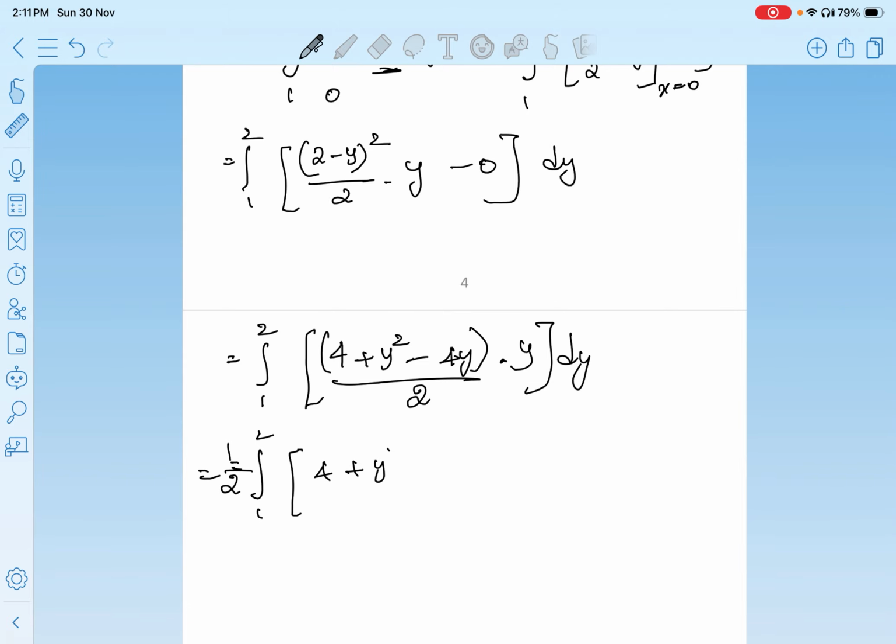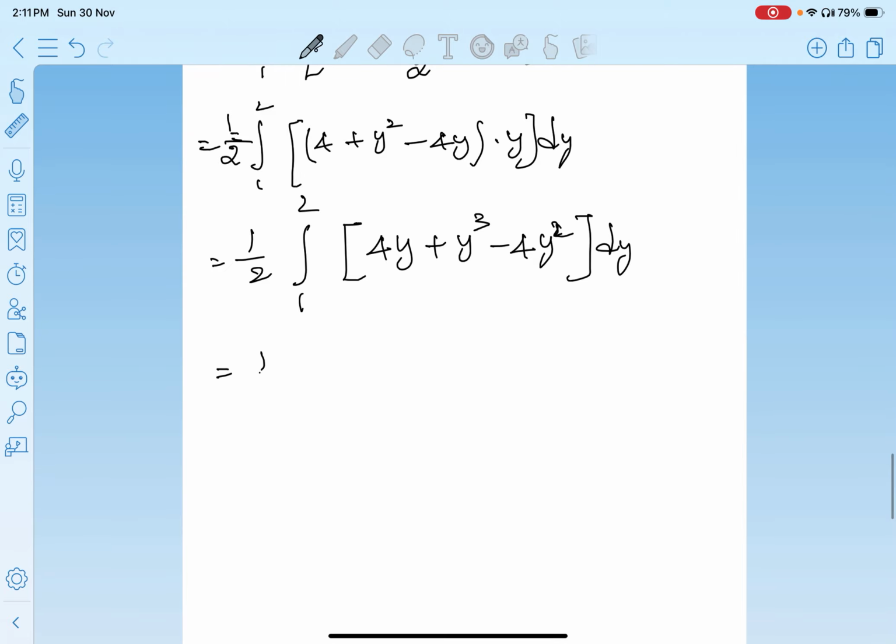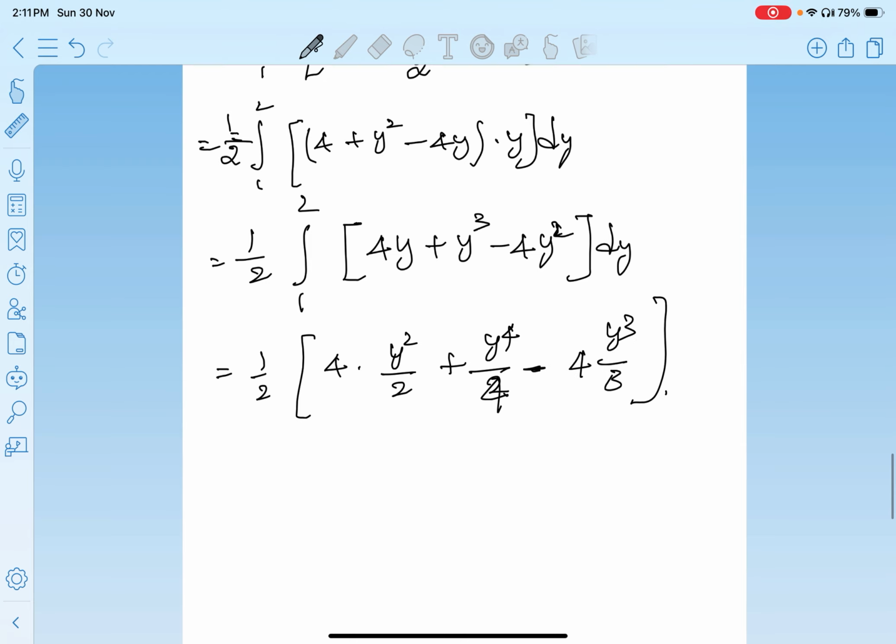So next, 1 by 2 integral 1 to 2, 4y plus y cube minus 4y square into dy, equal to 1 by 2 of y square by 2 plus y power 4 by 4 minus 4 into y cube by 3, from 1 to 2. Integrated again.